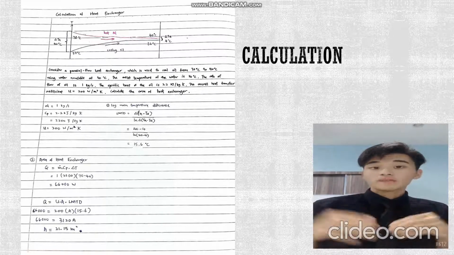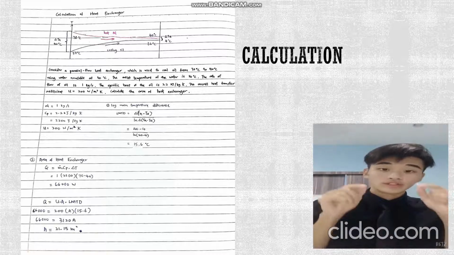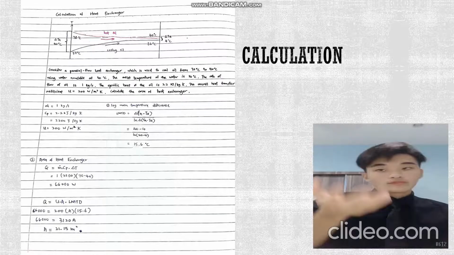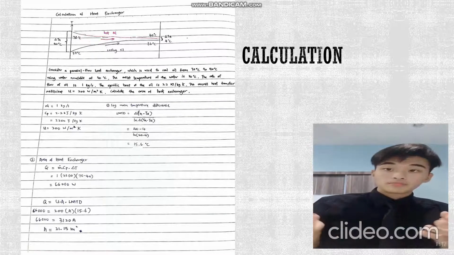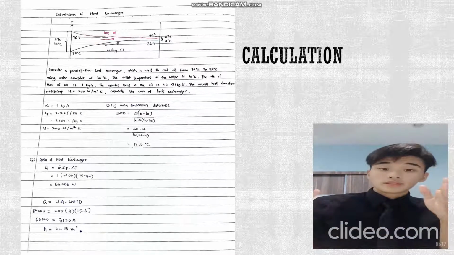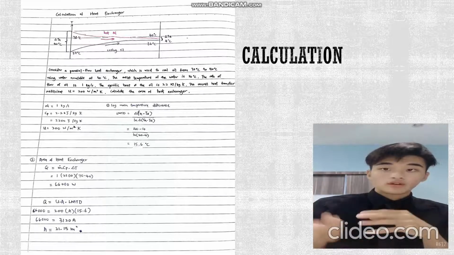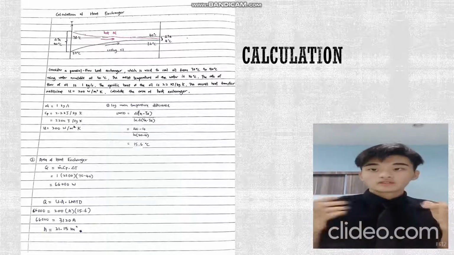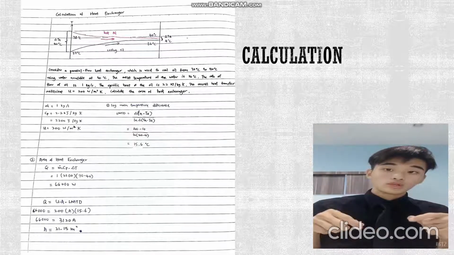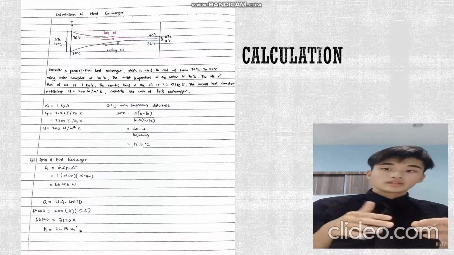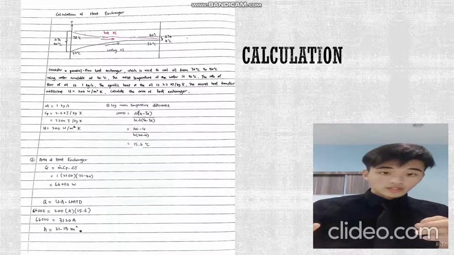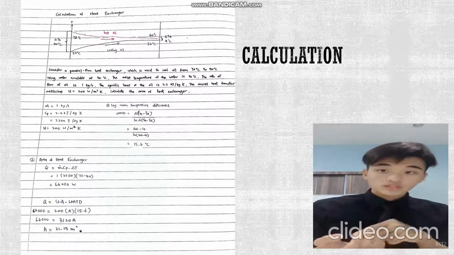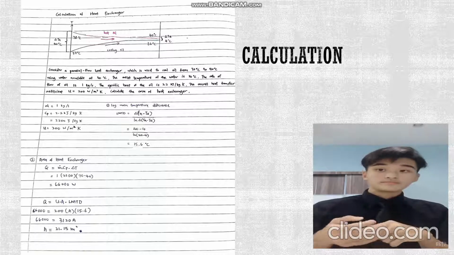So the first step, we have to list down the information given from the paragraph. Mass flow rate is 1 kg per second. The specific heat capacity of oil is 2.2 kilojoule per kilogram Kelvin. If we change to normal unit, we cut off the kilo, it becomes 2200 joule per kg Kelvin.